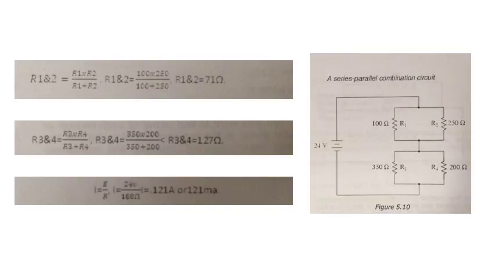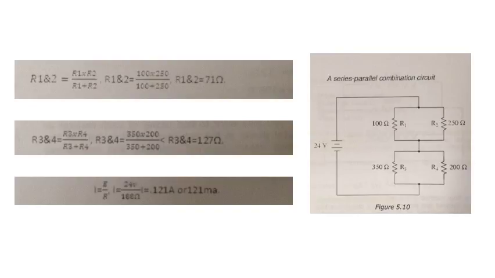R1 and R2 equals R1 times R2 divided by R1 plus R2, which is 100 times 250 divided by 100 plus 250, which is R1 and R2 equals 71 ohms.